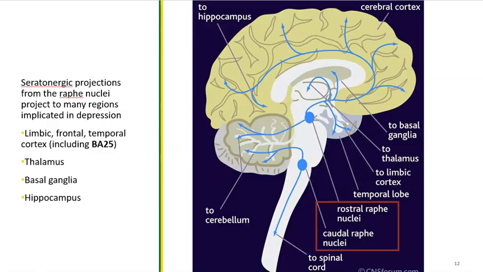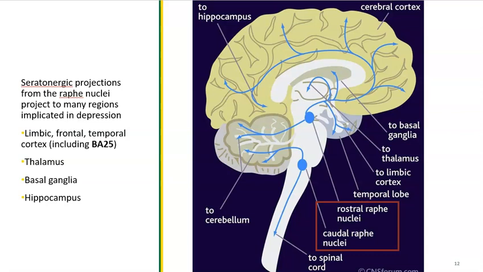So serotonergic projections from the raphe nucleus project to many regions implicated in depression. The raphe nuclei will project to obviously areas in the limbic system, so the limbic frontal temporal cortex that includes that big BA25 we talked about before.